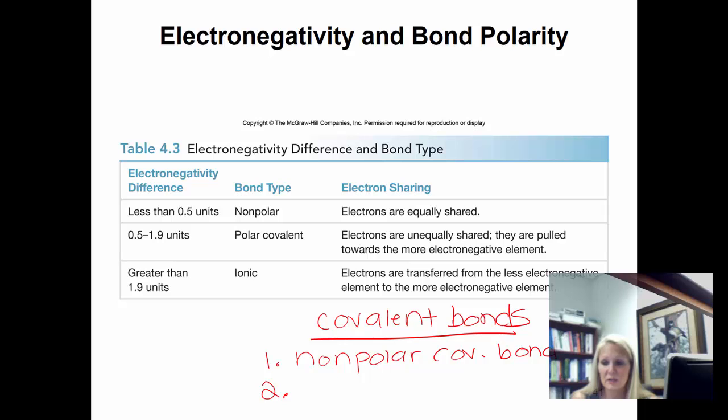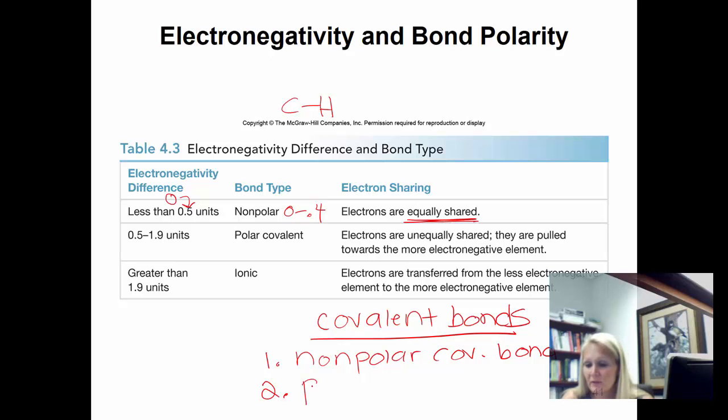This is when there is equal sharing of electrons between the atoms, and the electronegativity difference is either 0 or very small, less than 0.5, so anywhere from 0 to 0.4. Our C-H bond had a difference of 0.4, so we still consider it nonpolar.